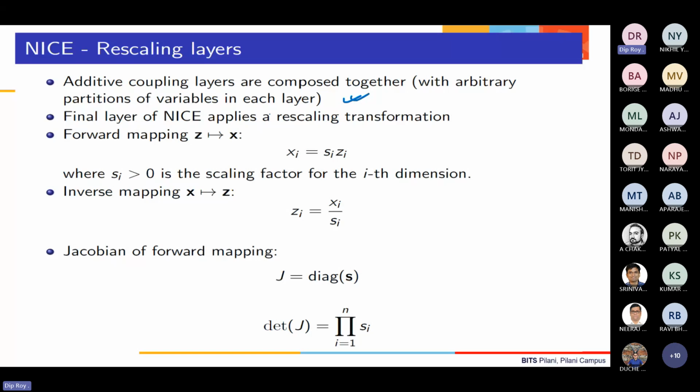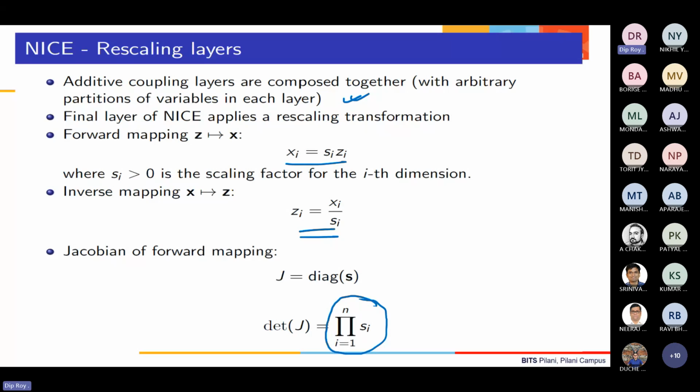The final layer of NICE applies a rescaling, which is this. This rescaling is also invertible, and you get the determinant, which essentially helps you change the volume.